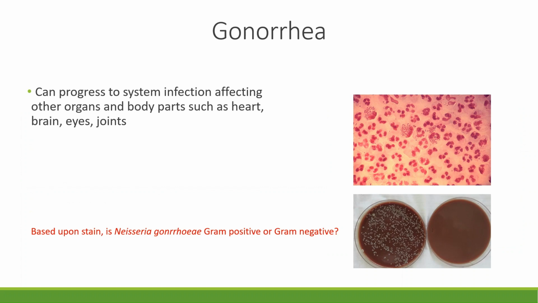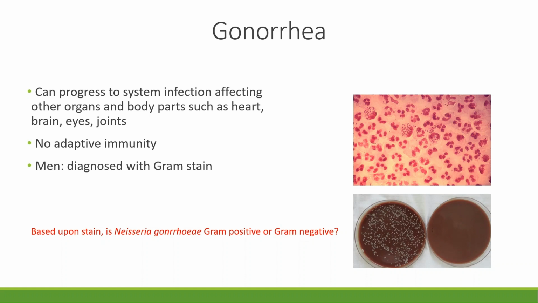Diagnosis depends on the patient. In men, it's usually just a gram stain of urethral discharge. If you look at this stain here, I want you to be able to determine if that is a gram positive or gram negative stain.